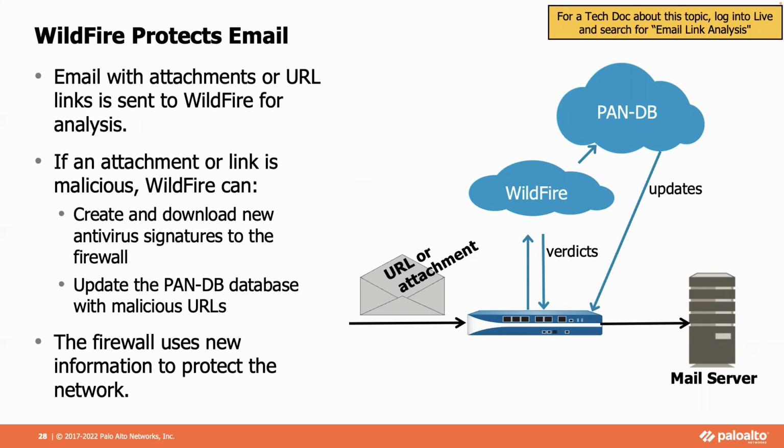We can look at the links and basically test them. And if a link goes to a malicious site, if it's trying to steal credentials and user information, we have the ability to categorize that as phishing. And we have a URL filtering category for phishing, which you should block.